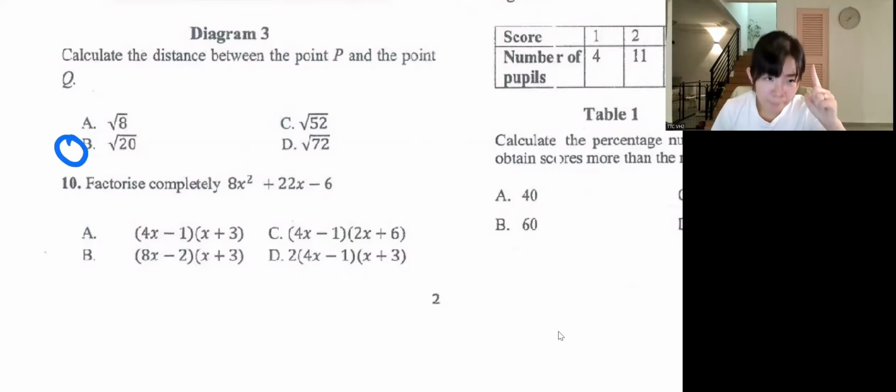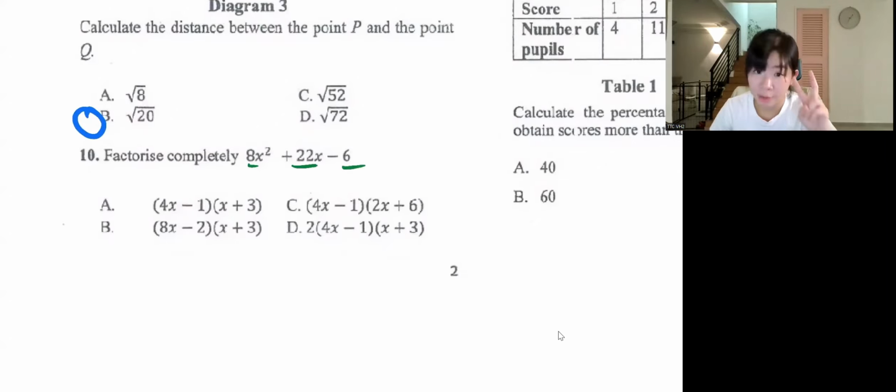There's only one possible answer. When you see the options given, the answer is definitely D. Factorize means you take out the common thing, but that common thing you have to keep outside. 8, 22, 6.